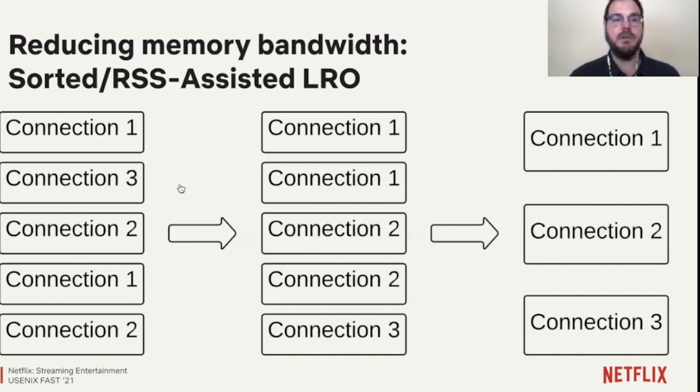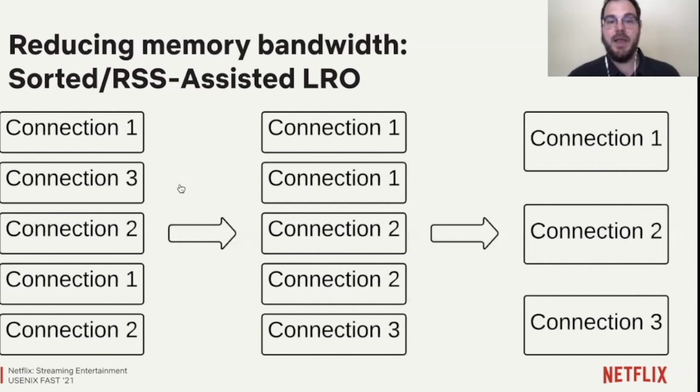If you look on the left side of the slide, you'll see an example where we have 5 packets that we've received for 3 different connections. Hans-Petter Selasky added an optimization to FreeBSD's LRO algorithm several years ago. So this is something that someone outside of our organization contributed to upstream FreeBSD, but which has been very helpful to us.